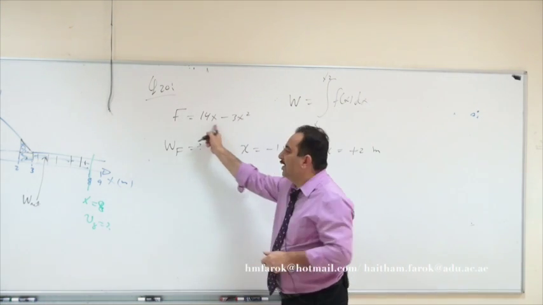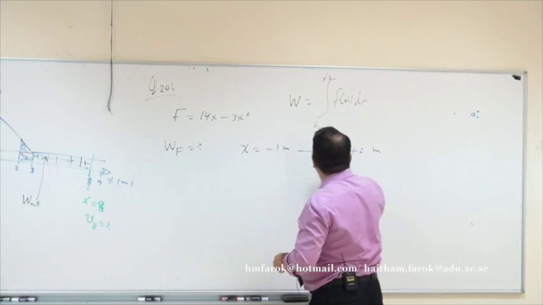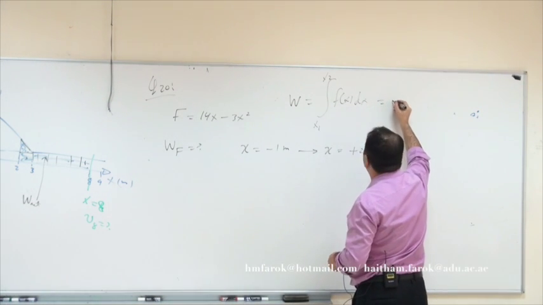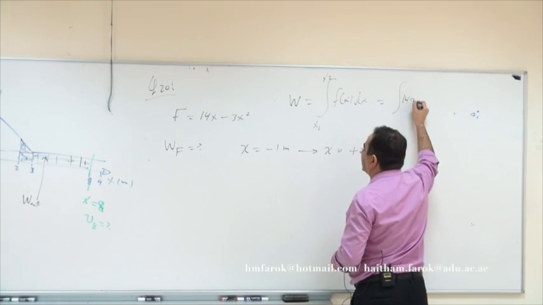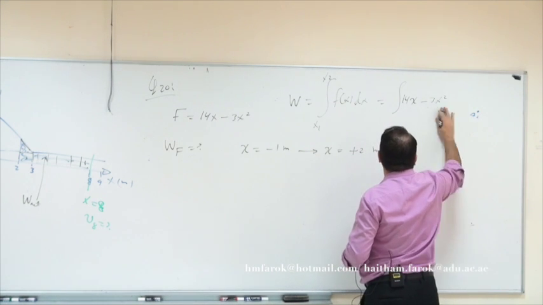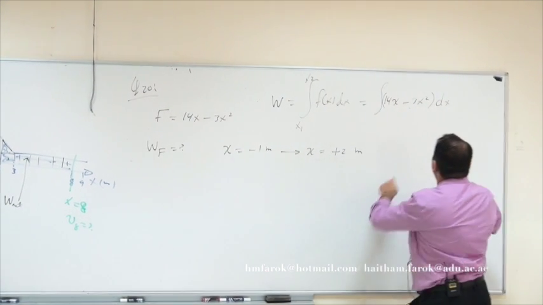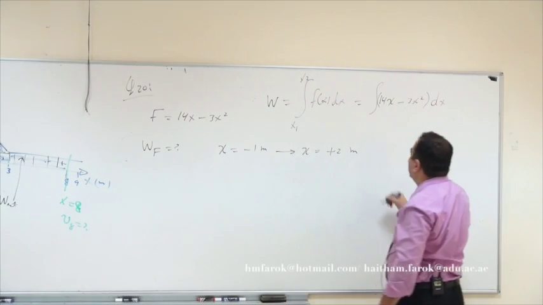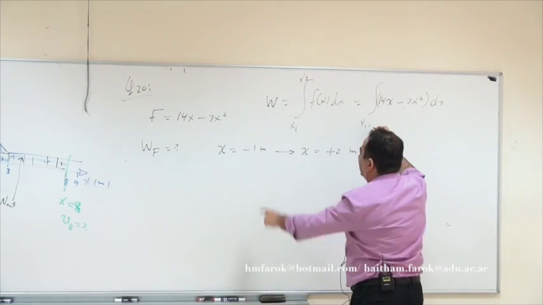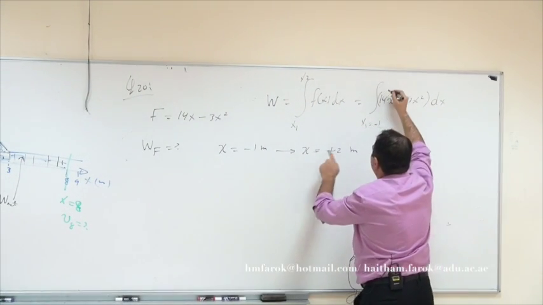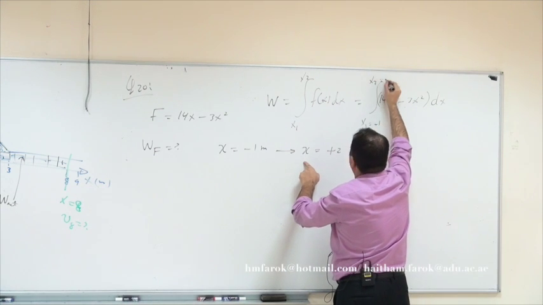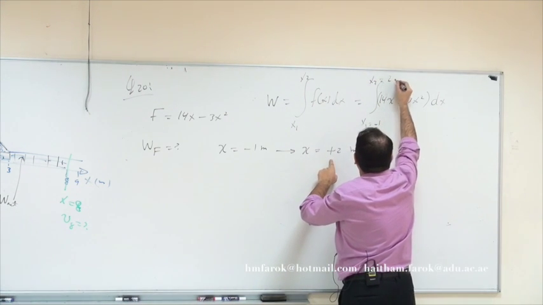So now I have to integrate this force. What's the integration here if I substitute? Integration of 14x minus 3x squared, all dx. Now the dx will be on both. And x1 is minus 1, x2 is plus 2.